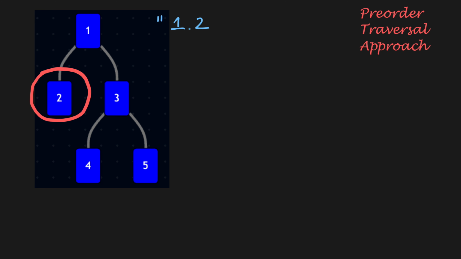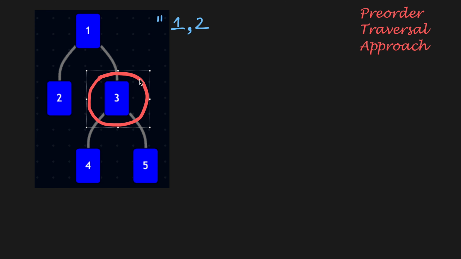But we should use some delimiter like comma to separate the nodes, and later during the deserialization, we can split the string by this delimiter or separator and use the resulting values to rebuild the tree in the same preorder sequence. And now we are done with the left subtree and we go to the right subtree.